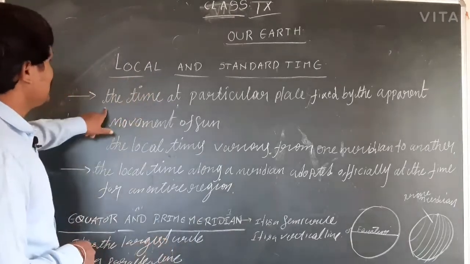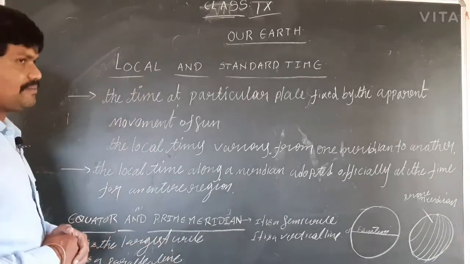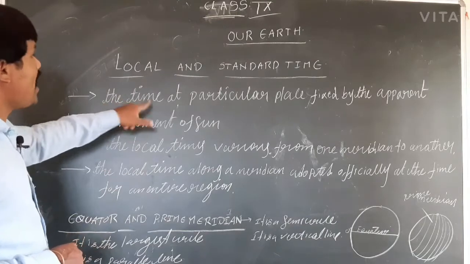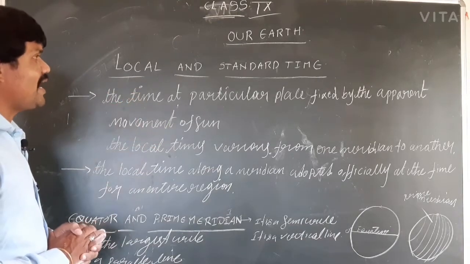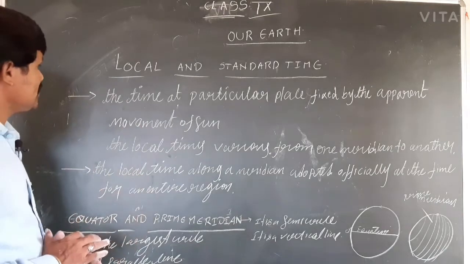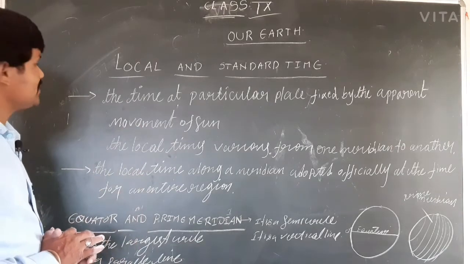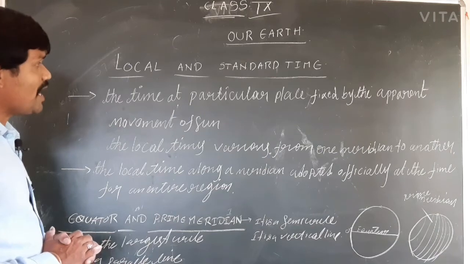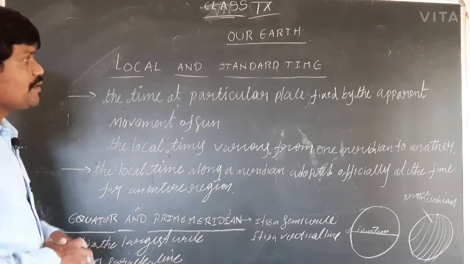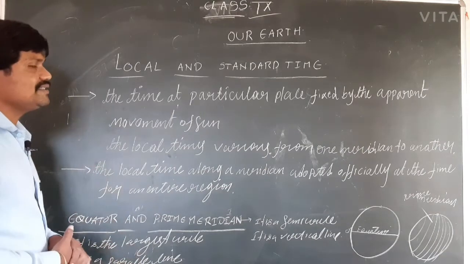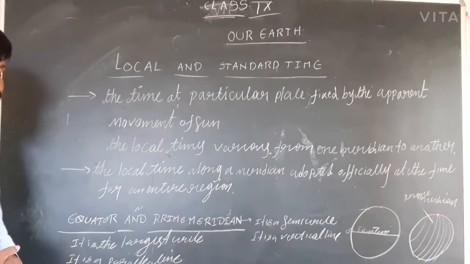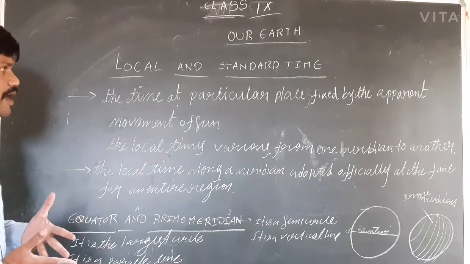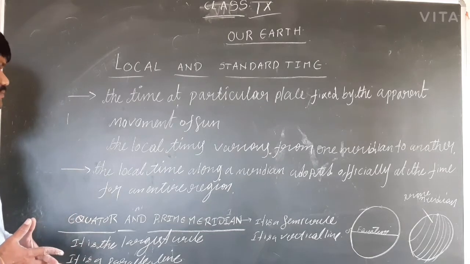What is local time? The time at a particular place fixed by the apparent movement of the sun is called local time.